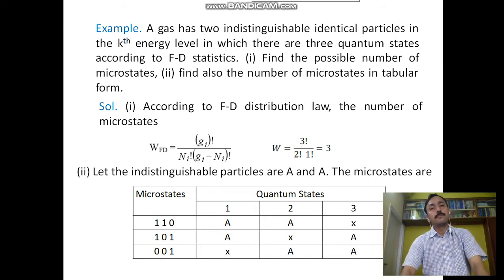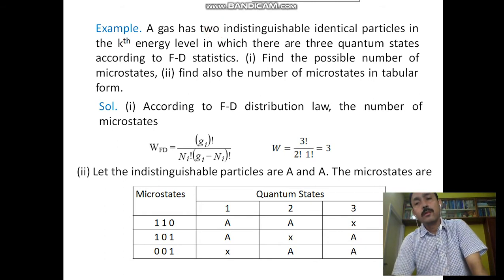To solve this example, the number of identical particles is 2 and these particles are distinguishable. So this can be solved using Fermi-Dirac statistics. The number of quantum states is 3, so Gi will be 3, Ni will be 2.